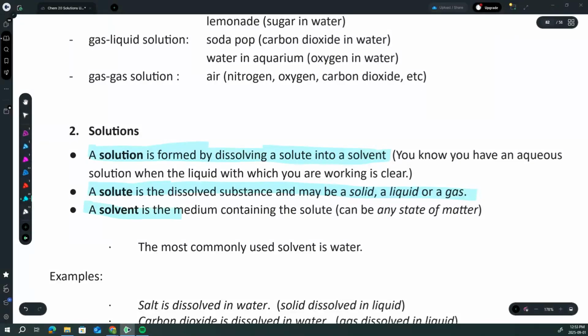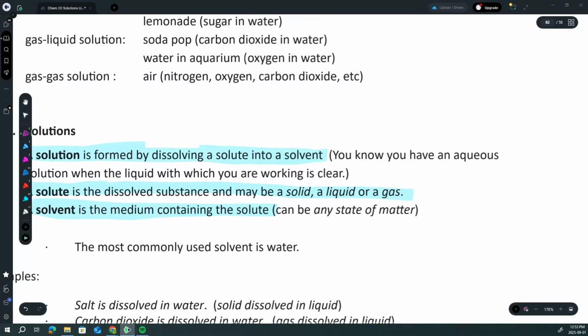Whereas a solvent is the substance you have more of, and it's going to do the dissolving. A solute could be solid, liquid, or gas, and same with a solvent. One of the most commonly used solvents in day-to-day life is water.